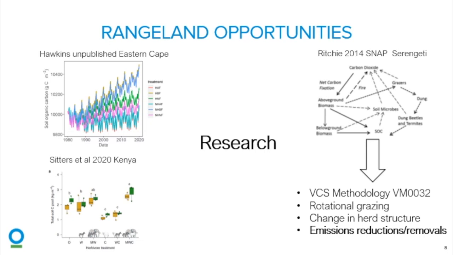This new methodology allows all rangeland restoration projects that introduce rotational grazing and changes in herd structure to apply the methodology and generate carbon credits.